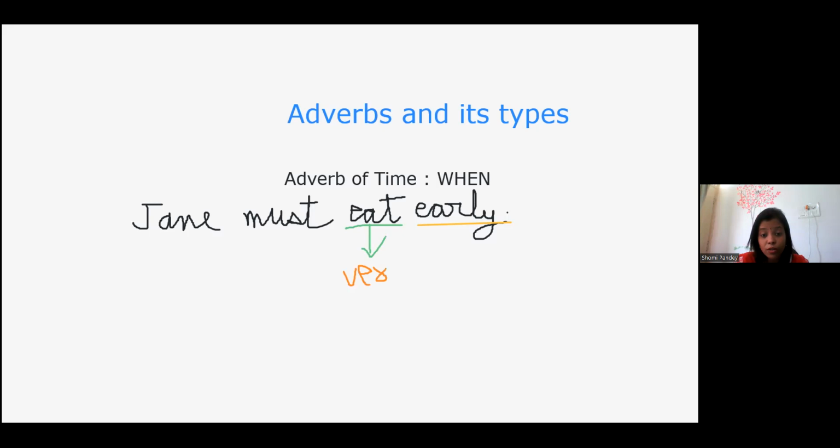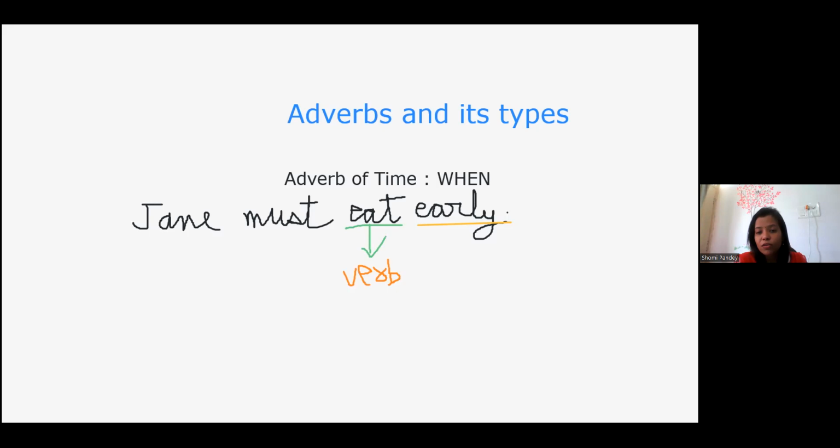This whiteboard is something new which is there in your Zoom. If you're working on Zoom, you can have fun with this whiteboard. So Jane is the noun, and here eat is the verb.